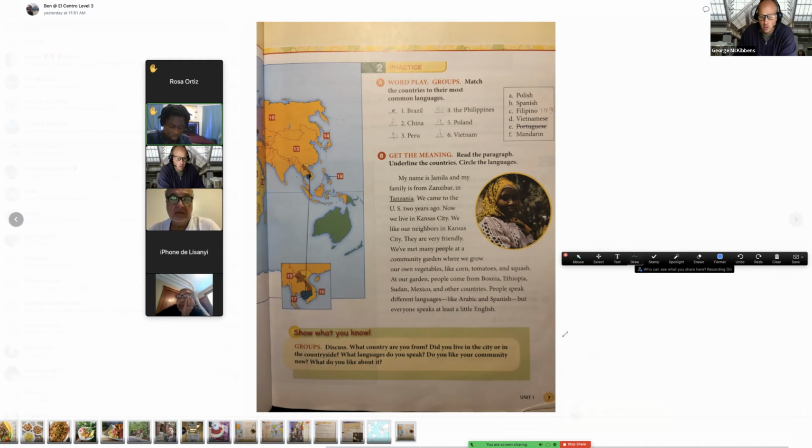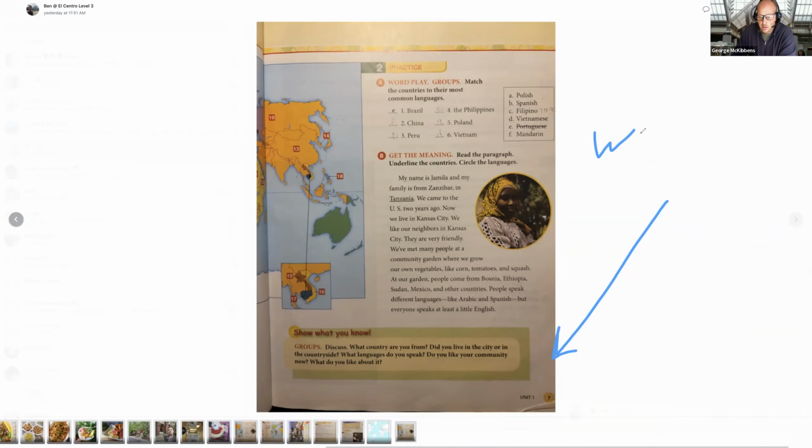So what Ben asked you to do is write your answers right there. Write some answers right there. And you can do it in breakout rooms. So who can tell me, what am I asking you to do?